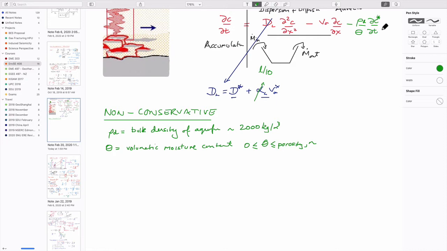And this behavior mimics the amount of material. This is kind of the rate of removal from the liquid, and C star is the concentration on the solid.